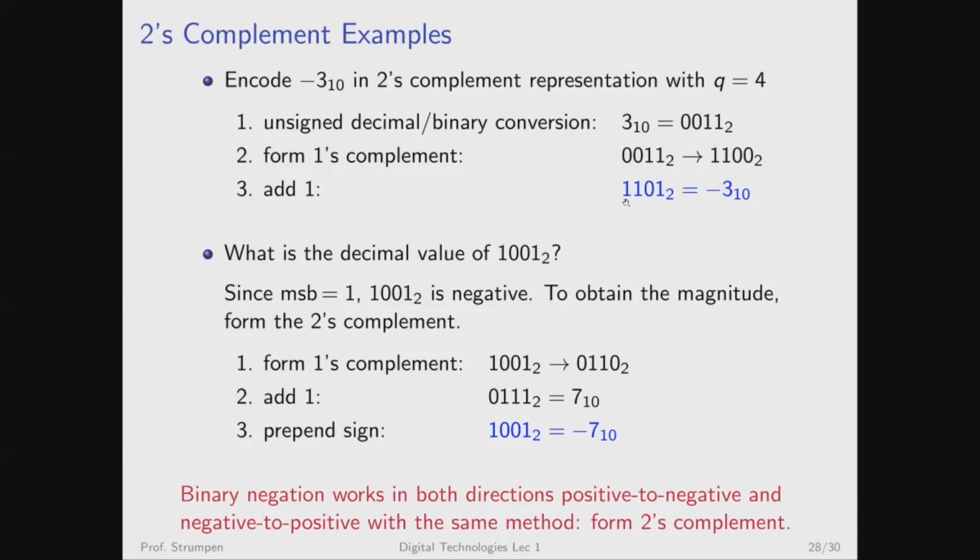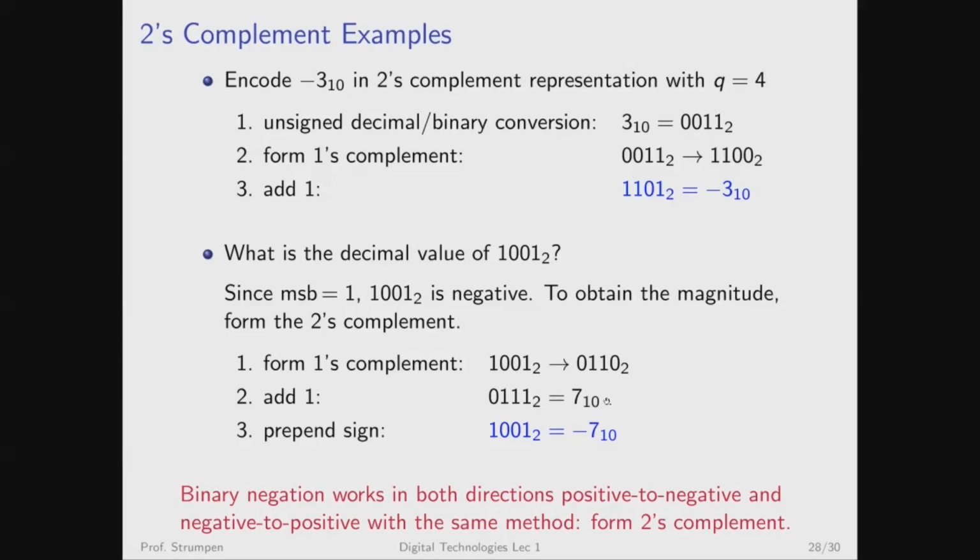The other way around works surprisingly similar. If we want to know the decimal value of binary number 1001, you notice that the most significant bit, the sign bit, is 1, so that must be a negative number. To obtain the magnitude of the negative number, its absolute value, you first form the ones complement, flip the bits, 1001 turns into 0110.